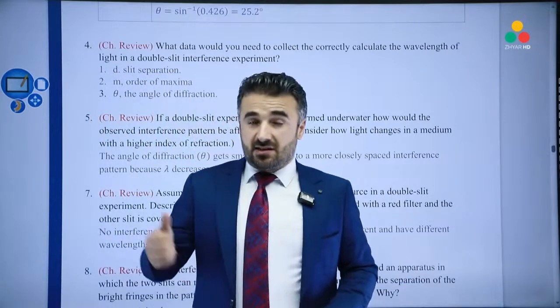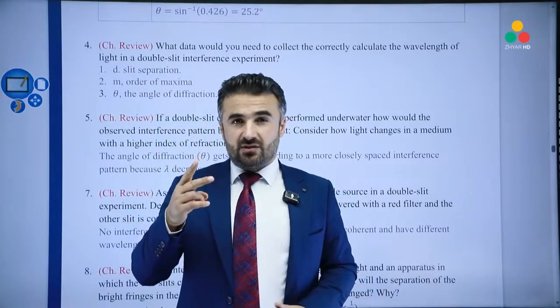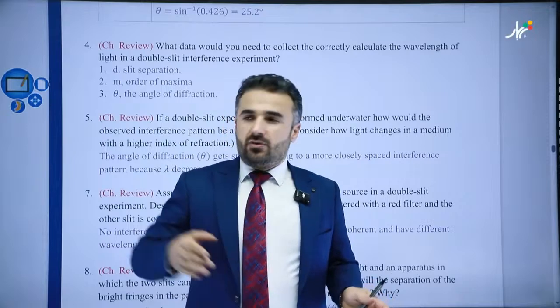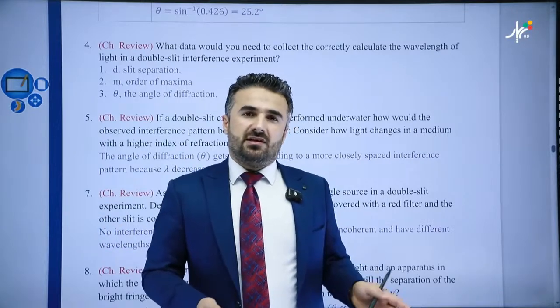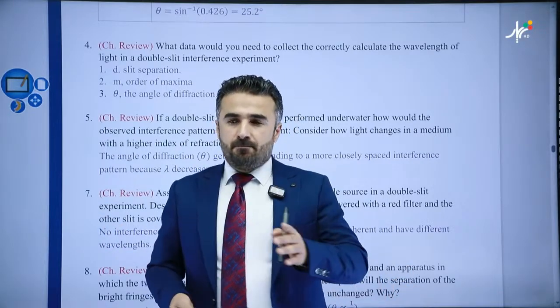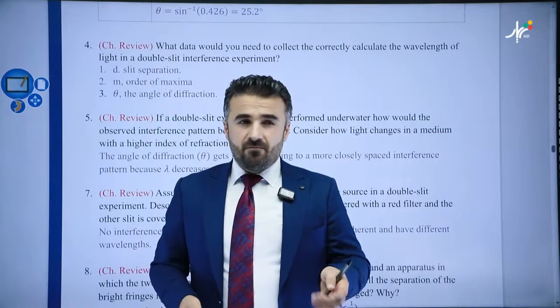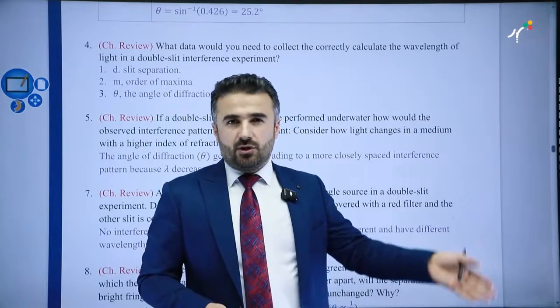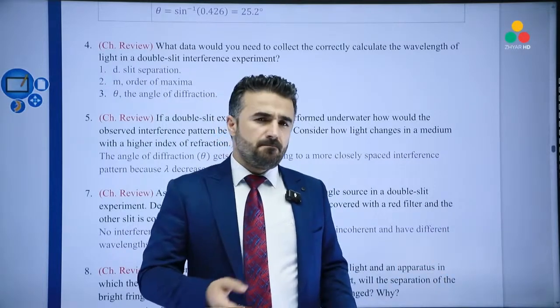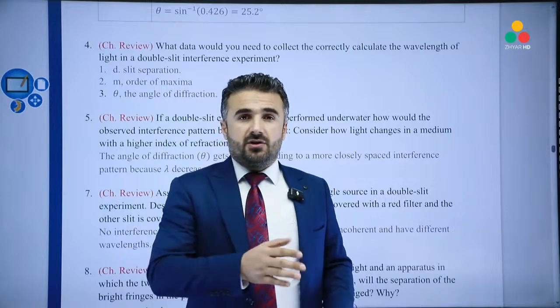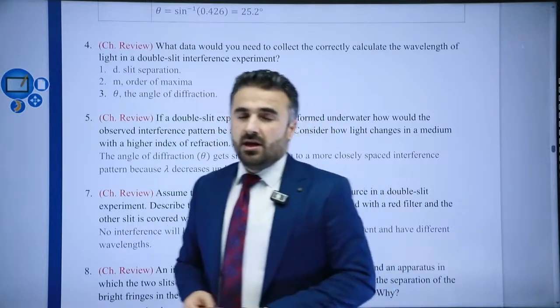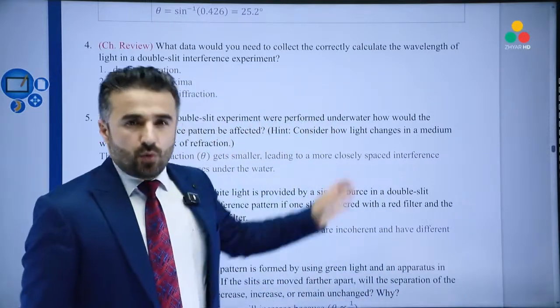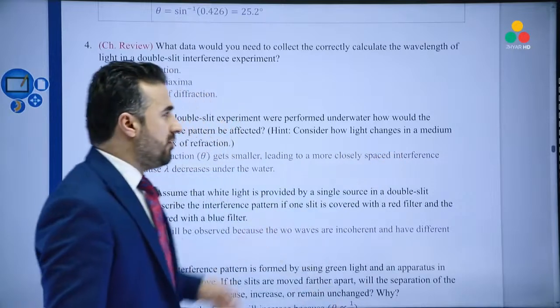So we need the slit separation between the two slits. We need the angle between the central maxima and the order, which is the sine theta, basically the angle between the dark and the bright fringe. And of course, we need the order number plus the wavelength. These are all the information needed.